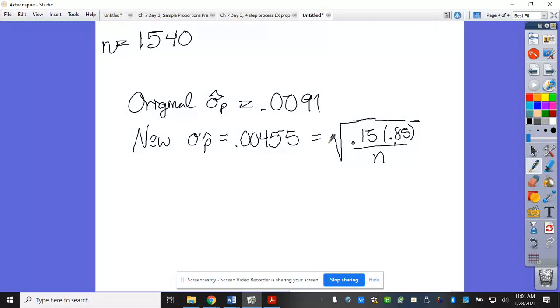So algebra here, I'm solving for n. So what's my next step? I need to get rid of the square root, which is square both sides. So that cancels out here. I take this squared. I'm not actually going to plug it in yet. I'm just going to write that I'm doing 0.00455 squared, so I don't have to type extra in my calculator.